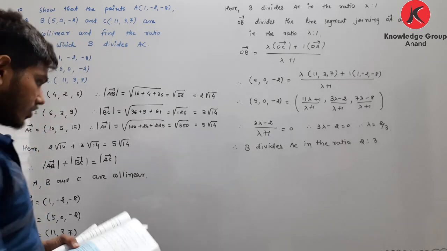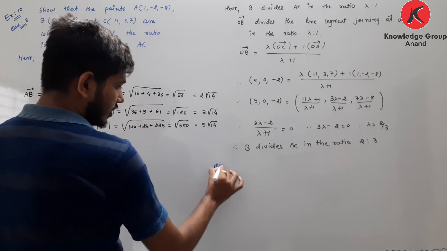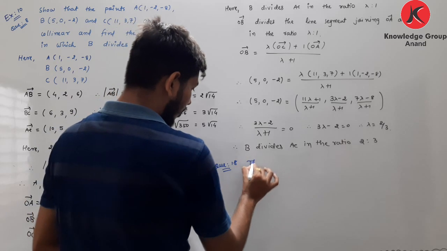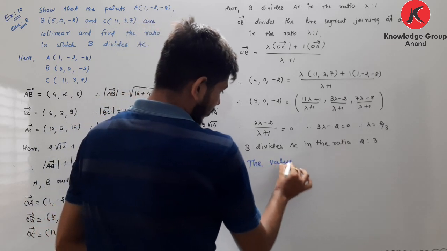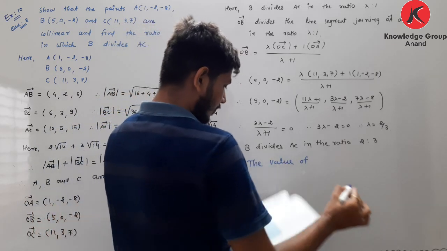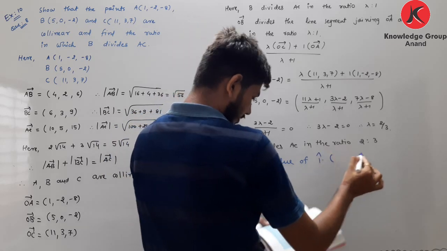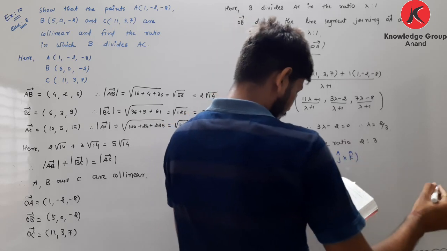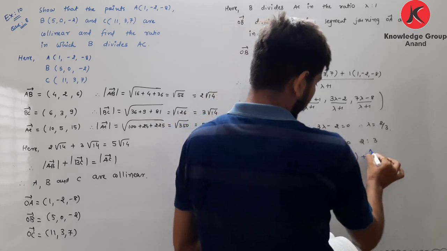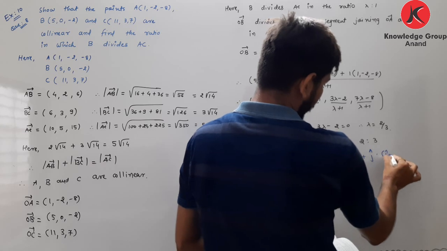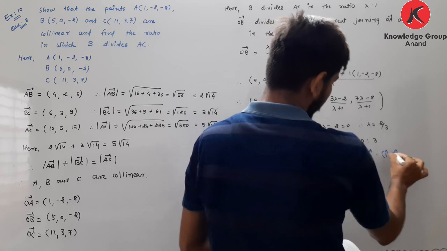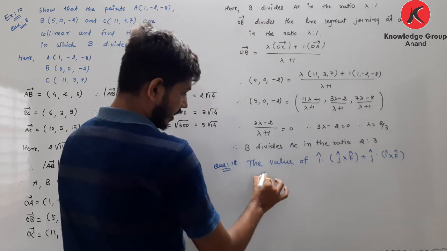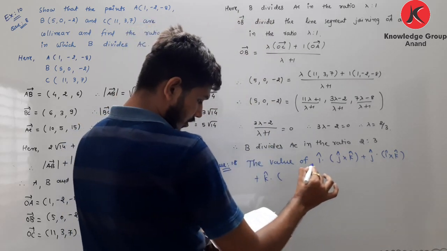નેક્સ્ટ ક્વેશ્ચન નંબર 18 પર જઈએ છીએ. ચલો ક્વેશ્ચન નંબર 18 is that the value of this is simple question: I cap dot j cross k plus j cap dot I cross k plus k cap dot I cross j.